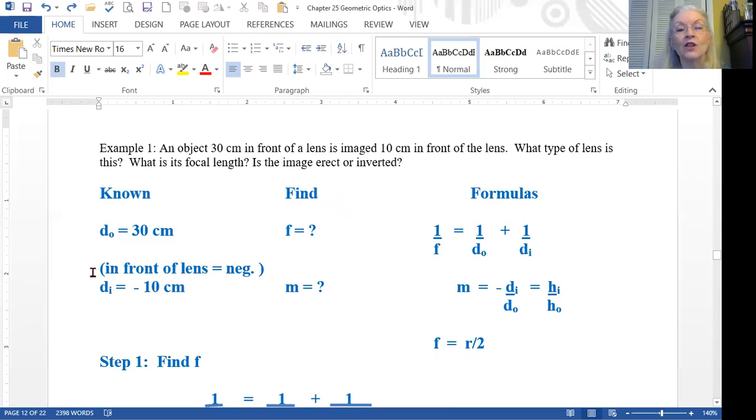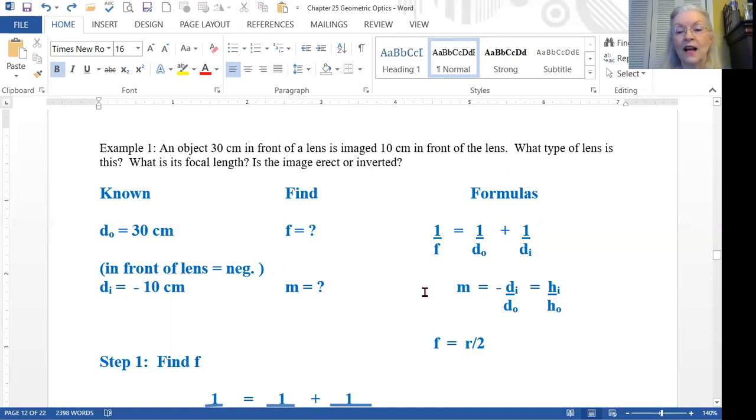For the image, we've said the image is 10 centimeters in front of the lens. For an image, in front of the lens means it's negative. So the image distance is negative 10 centimeters. We need to find the focal length so that we can decide if it is a concave or convex lens, and we'll need the magnification to decide if it's erect or inverted. We have our three formulas. 1 over F is 1 over DO plus 1 over DI.